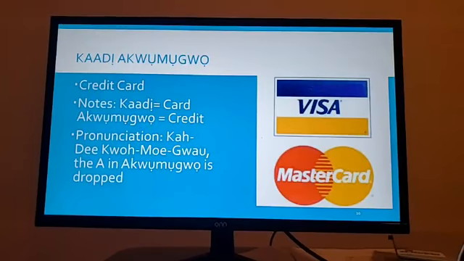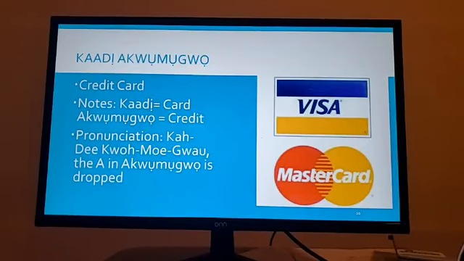Okay, you've already encountered the word Kah-Dee, which means card. So we're going to describe credit card. You're using the format of most words in Igbo, with some exceptions I've encountered so far in my 8 months of study: you're describing what type of card it is, and you drop the A in the second word.